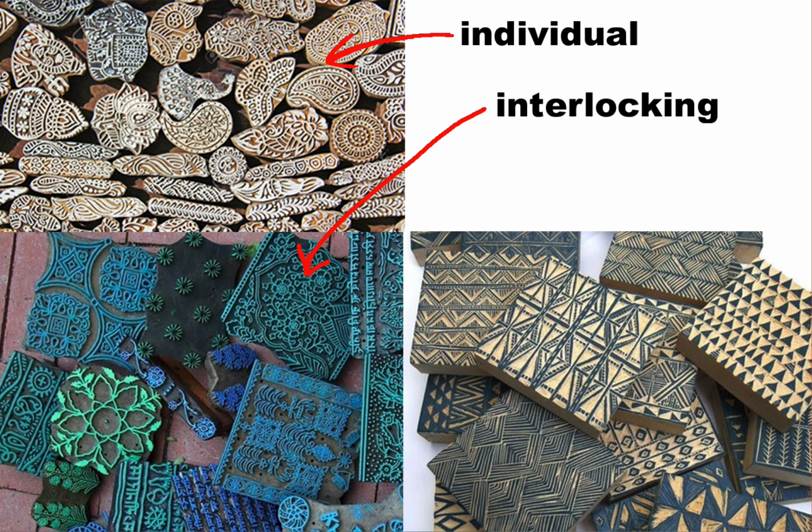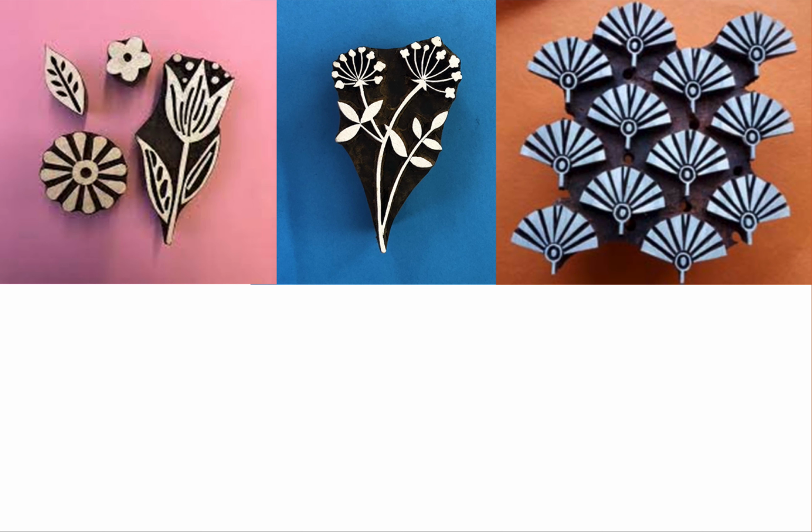And then this last set are these continuous blocks. And as you can see with the continuous blocks, they go right up to the edge, and they will repeat if you print them that way, but they're basically blocks of square patterns, square or rectangle patterns. So I'm going to bring in the next slide here, which is some individual blocks.